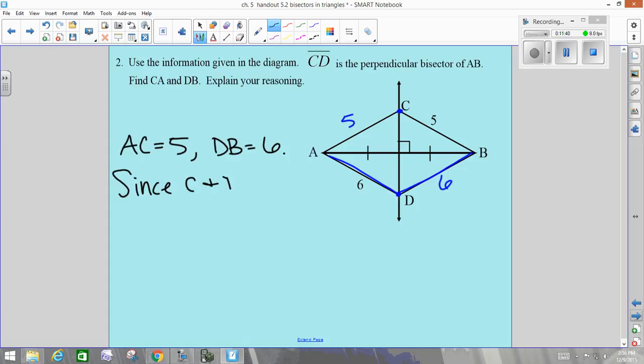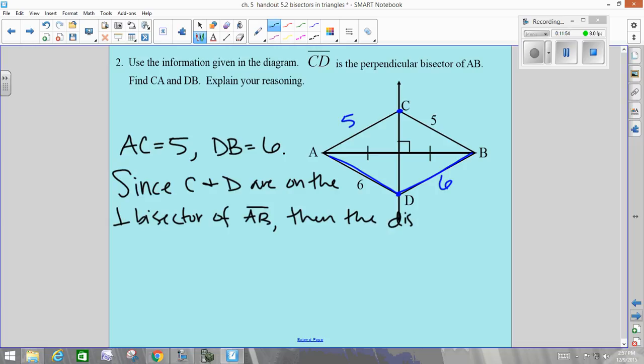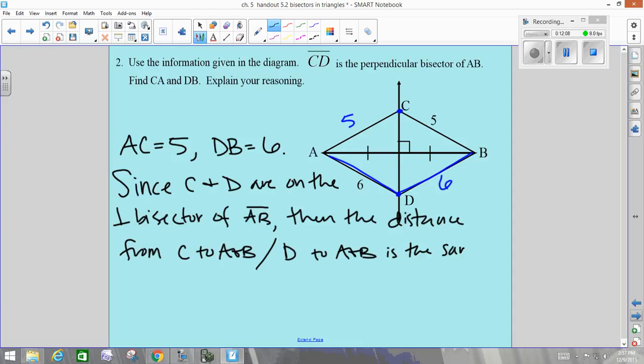Since C and D are on the perpendicular bisector of AB, then the distance from C to A and B slash D to A and B is the same.